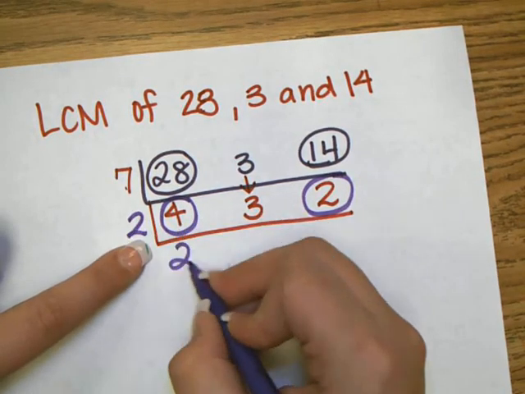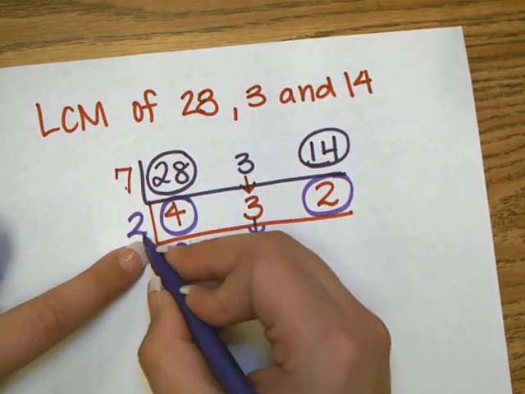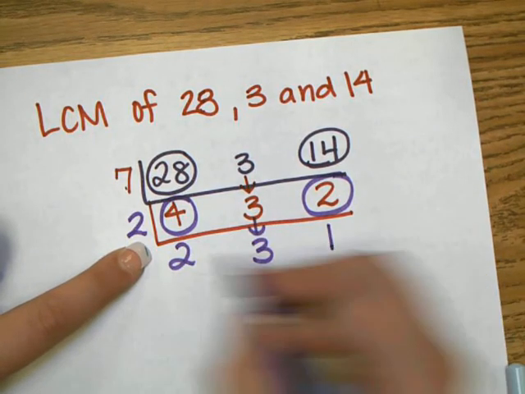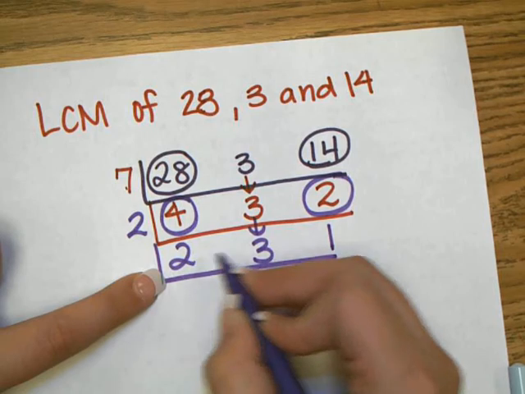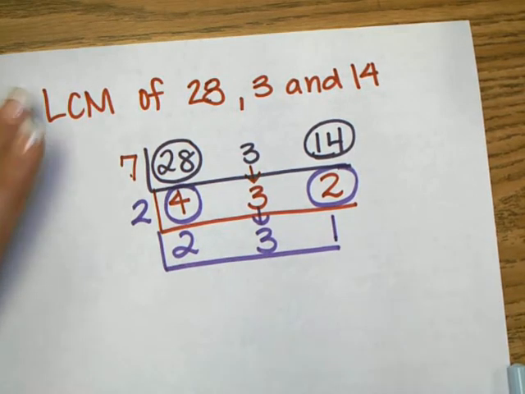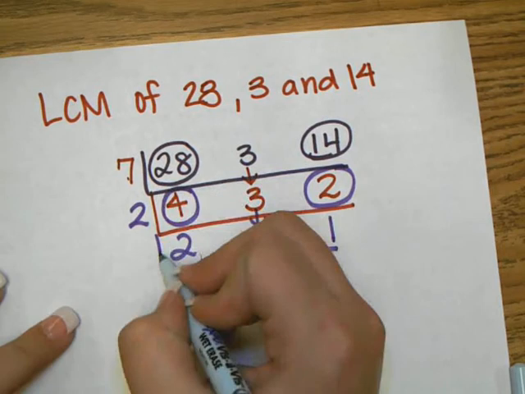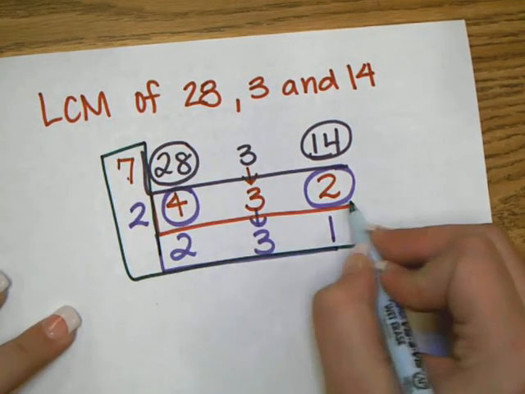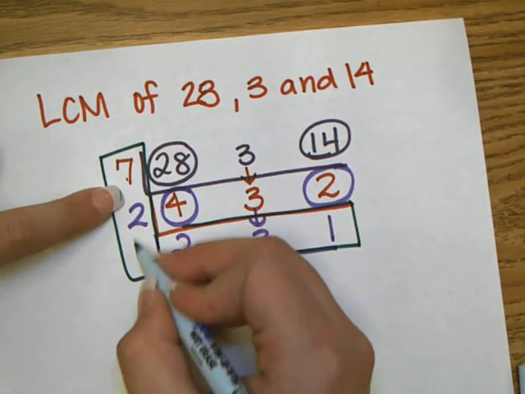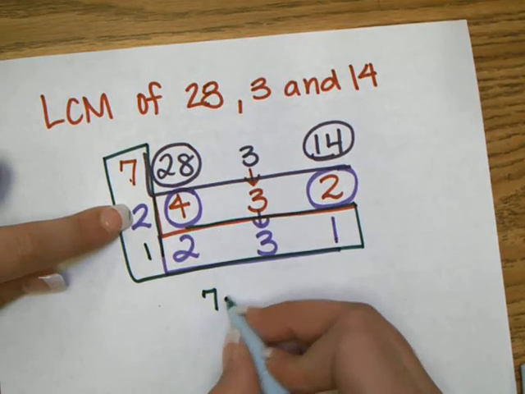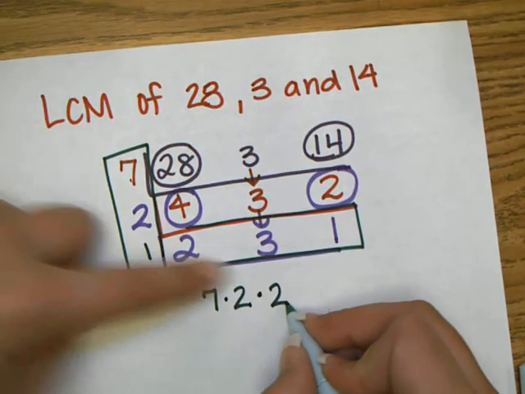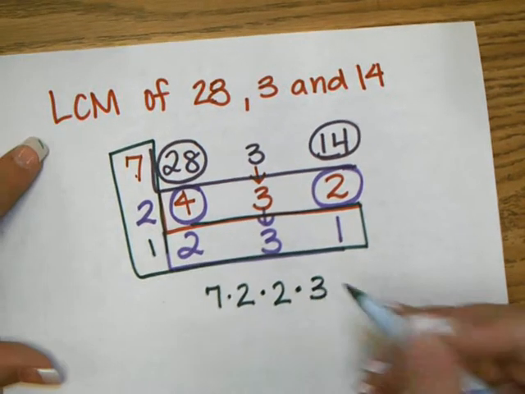Okay, and then I can pair up the 4 and the 2. And 2 goes into both of them. 2 goes into 4 twice. I'm going to just drop down that 3. And 2 goes into 2 once. And then I am done because I can't pair anything together. So now we're ready to make the L. And we're going to multiply 7. We don't need to include that one.